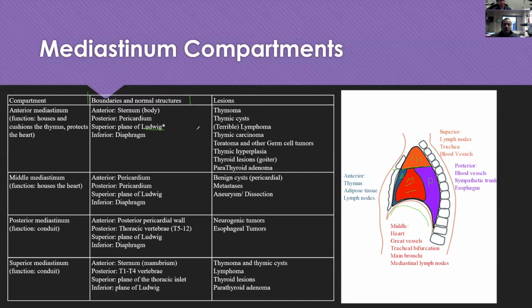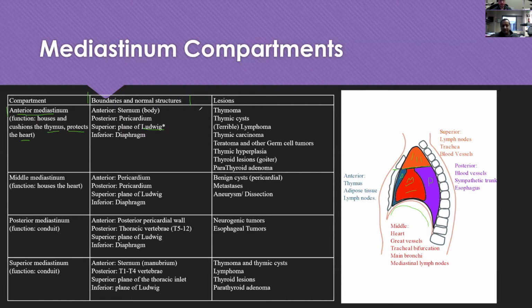So, for example, I won't go through all of this, but if you look at what happens in the anterior mediastinum, it houses and cushions the thymus. The thymus is partly in the anterior mediastinum and protects the heart. So this table gives you a lot of information about just the normal counterparts before going to the tumors that occur there. Over to you, Matt.